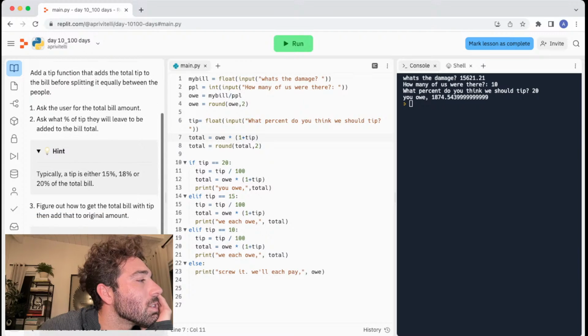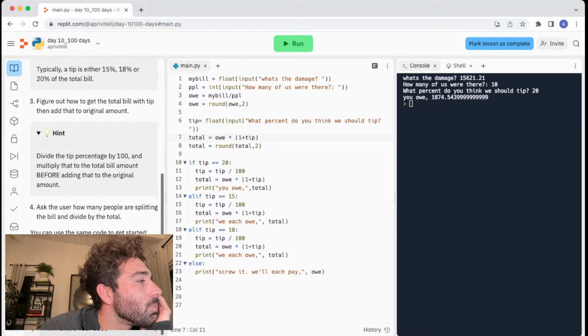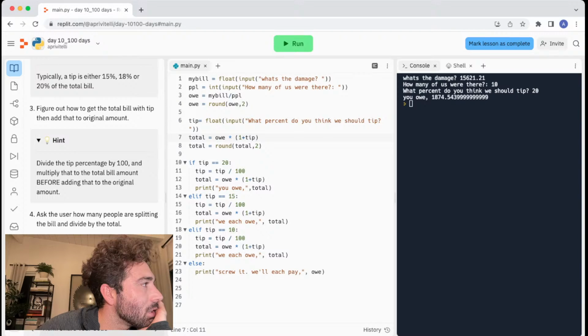I did that, divide, okay, cool. Ask the user how many people are splitting the bill. My bill, float input, yep. Number of people, int, yep. Answer equals my bill divided by people. Okay. Is that it? I'm not happy about this though. How do I fix that?